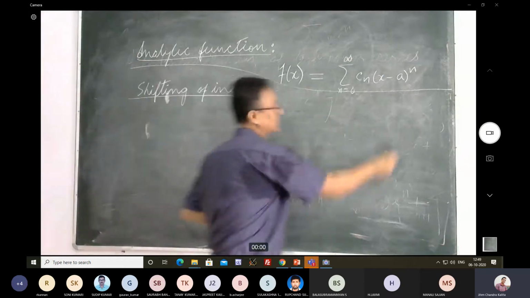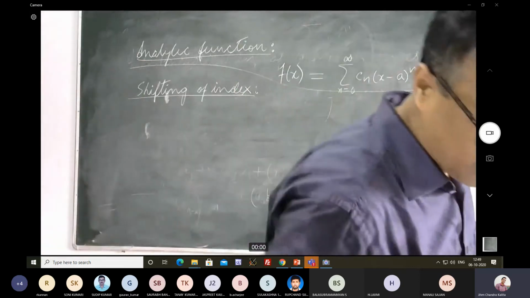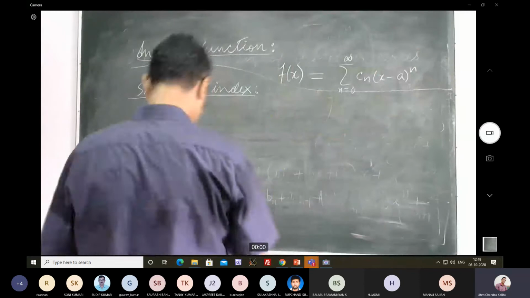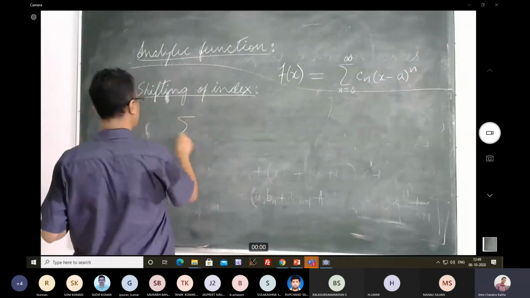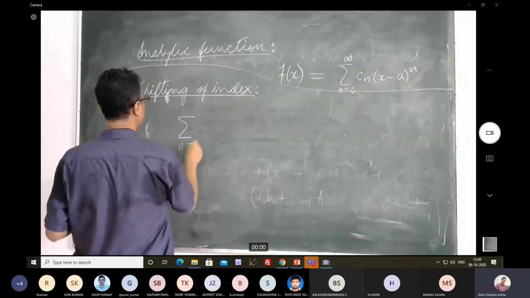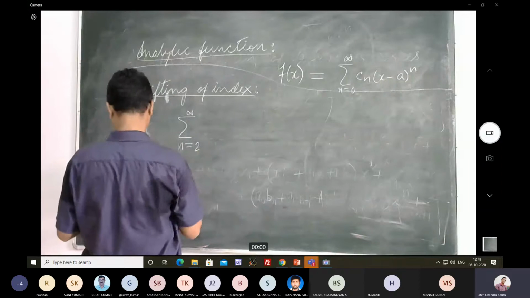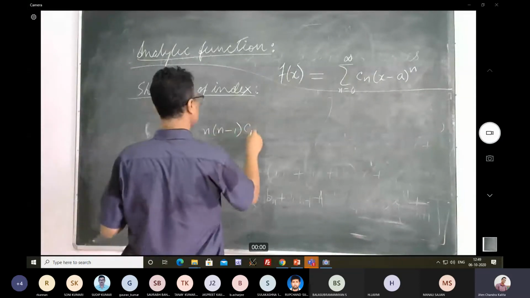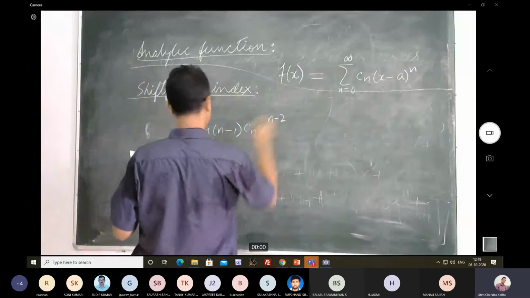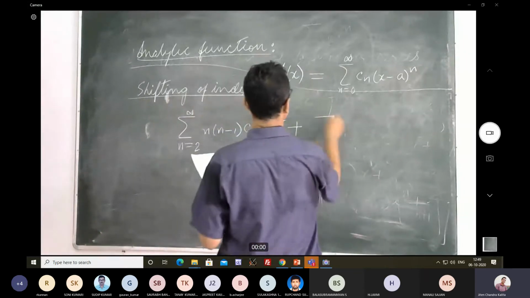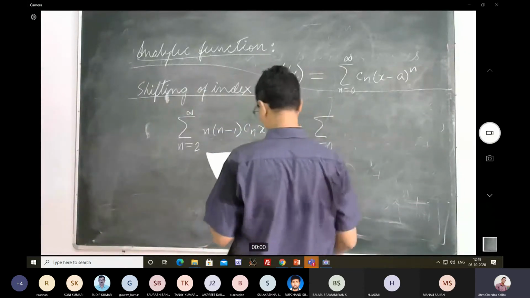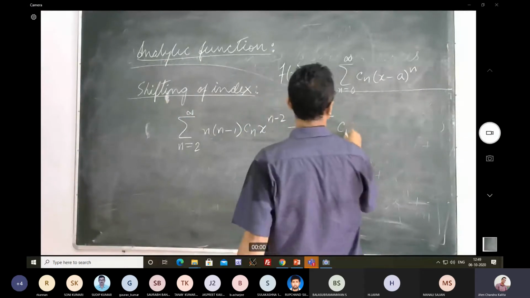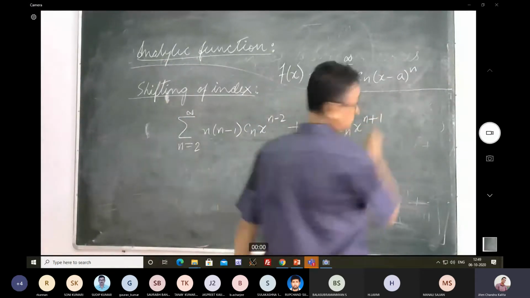So let me consider this summation: n equal to 2 to infinity, n into n minus 1, c_n x to the power n minus 2, plus n equal to 0 to infinity, c_n x to the power n plus 2.